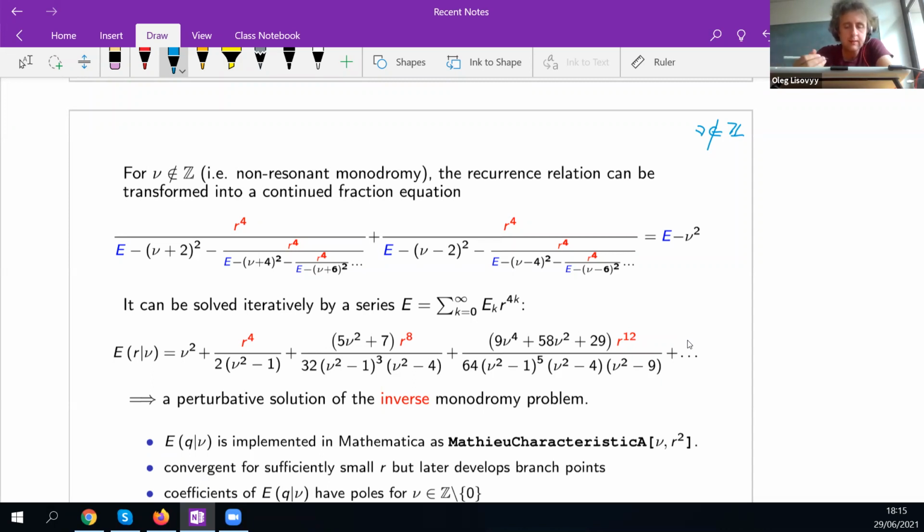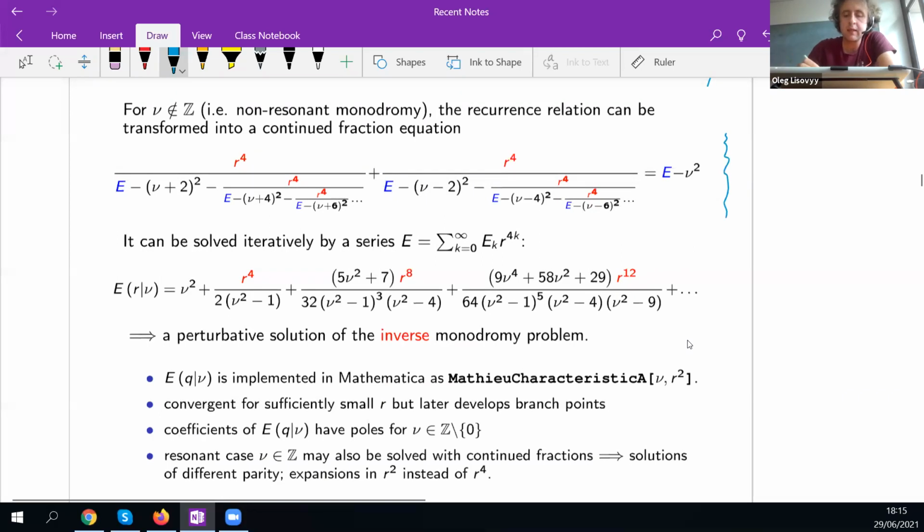Under this assumption, the equation that we have here can be solved in a straightforward way, iteratively, by making this ansatz. Basically, we substitute the accessory parameter in the form of a power series in this time variable, and then we just have to truncate our continued fractions at the desired order of precision.